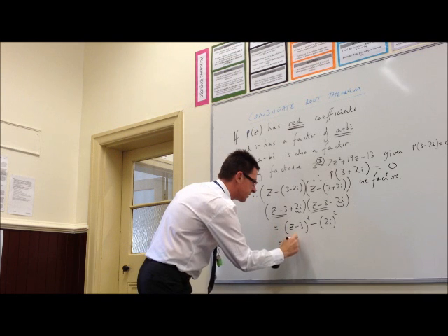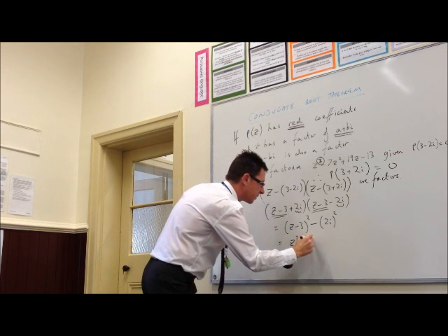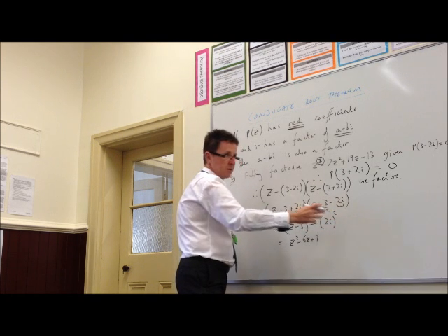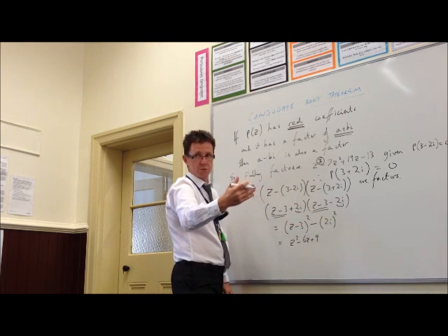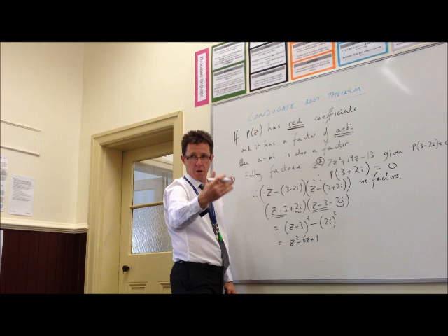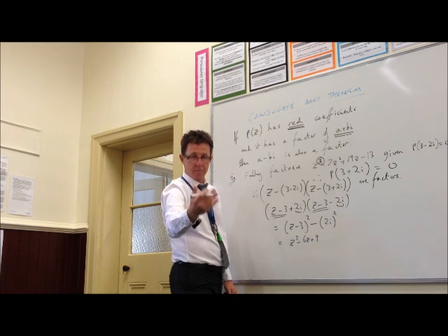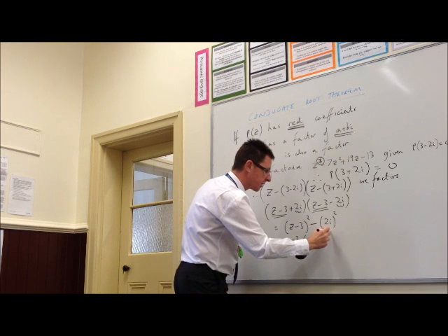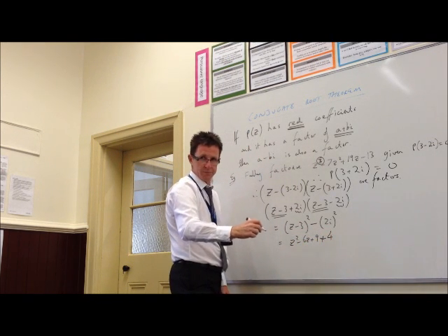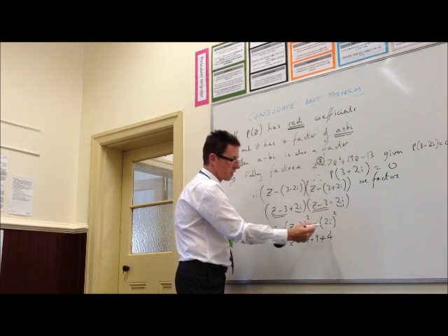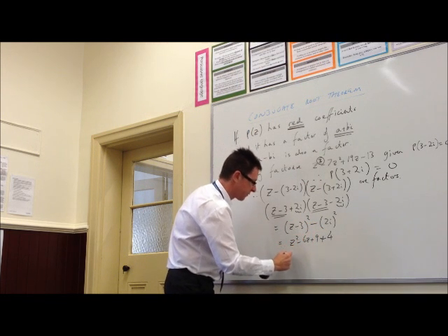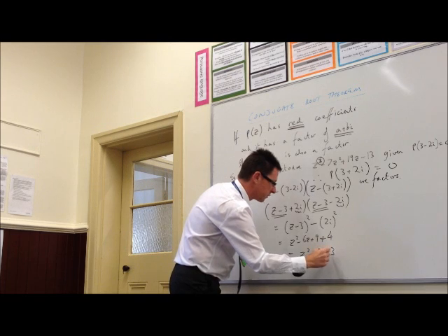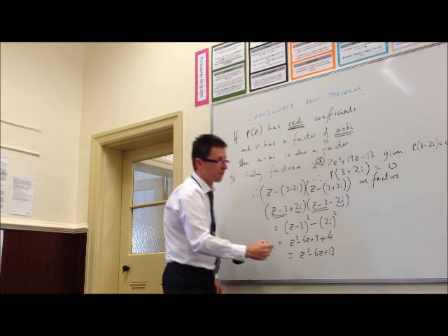Expand that: z squared minus 6z plus 9, and 2i all squared is 4i squared, but i squared is negative 1, so the negative basically makes it plus 4. You've got your 9, and this becomes a plus 4. So there's your quadratic factor.